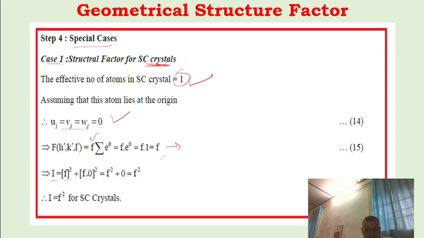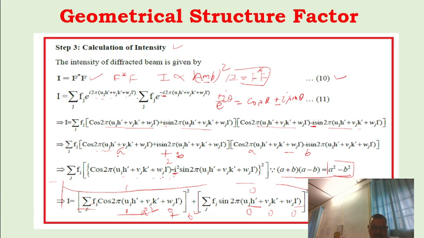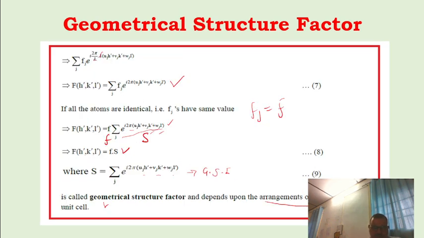intensity will be f square plus, we are putting here Uj, Vj and Wj equal to 0 in this equation, and finally fj equal to f.